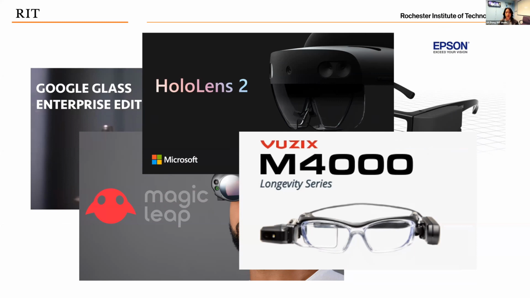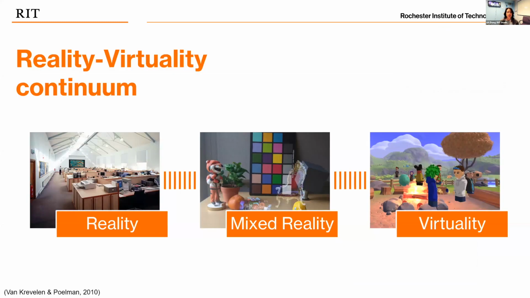So what is mixed reality? It is called mixed because it is between the reality, which is the world surrounding us, like in the image on the left, and the virtuality, which is completely computer-generated graphics.